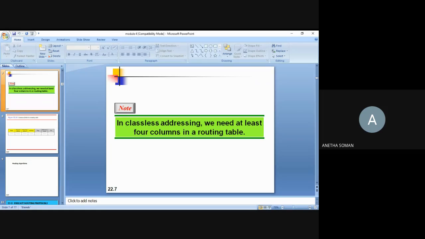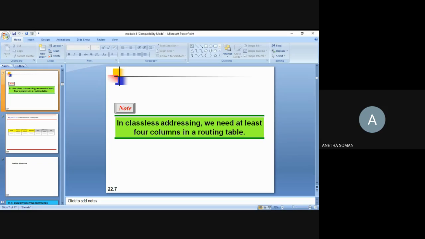Now, you will have the destination address where your packet should be delivered, but the destination address does not give any clue about the network address. So what is the major requirement? You require a mask there, in order to identify the network address. And that will be included in the routing table.